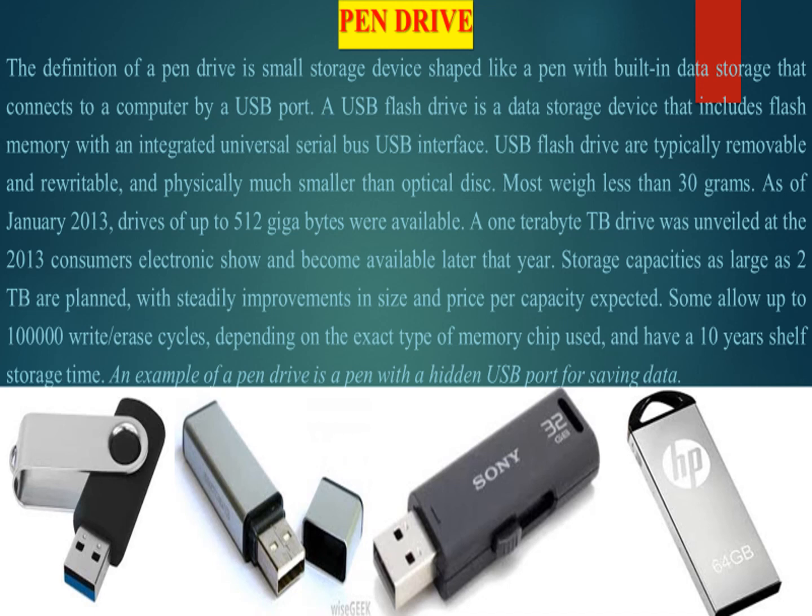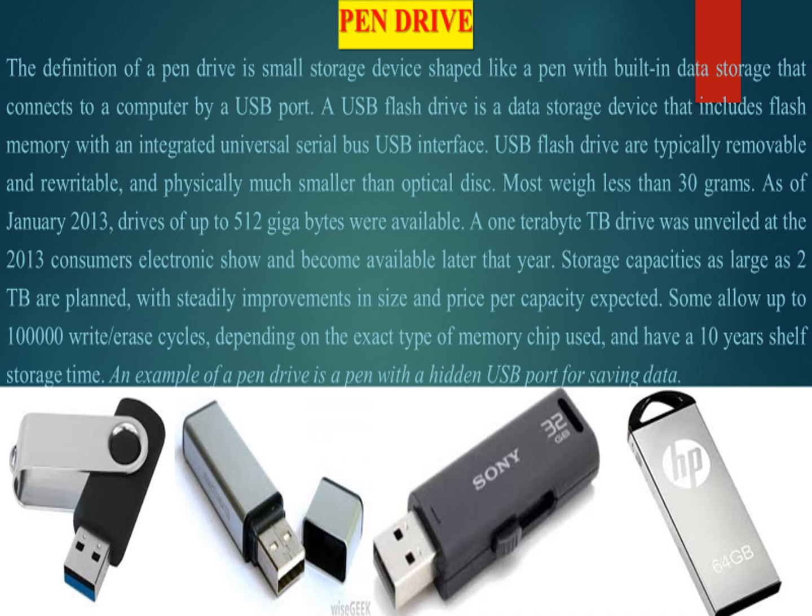As of January 2013, drives up to 512 gigabytes were available. A 1 terabyte TB drive was unveiled at the 2013 Consumer Electronics Show and became available later that year. Storage capacities as large as 2 TB are planned, with steady improvements in size and price per capacity expected.